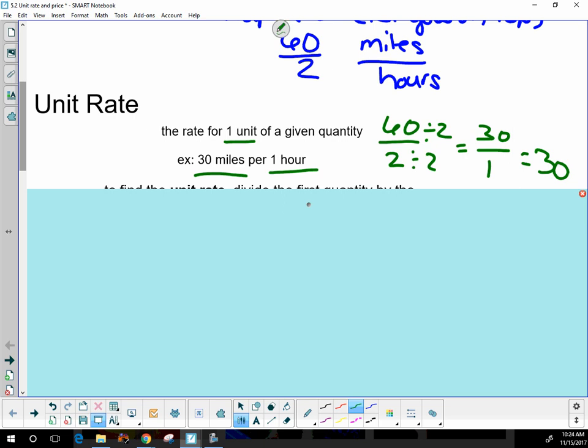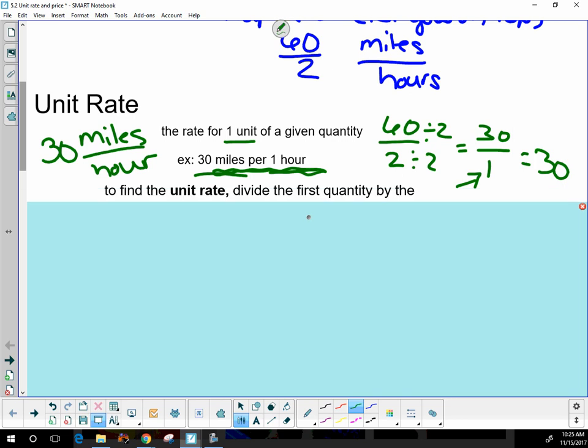Our label right here, miles per hour, takes the place of the ratio. Our label explains the comparison of two amounts. This is only one, right? And we really don't talk like that, 30 to 1, when we have units to take the place of those ideas.